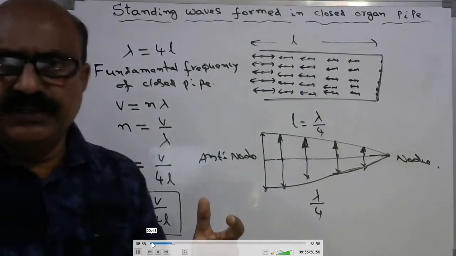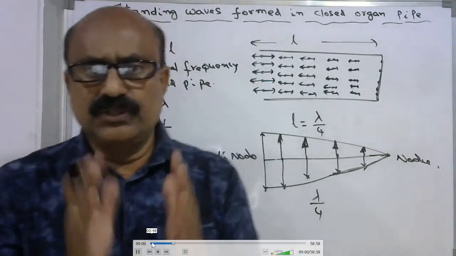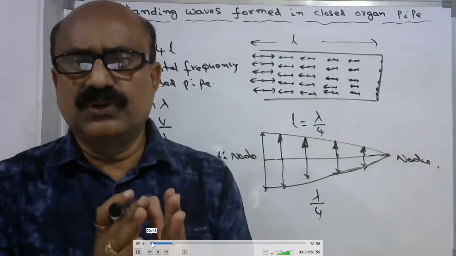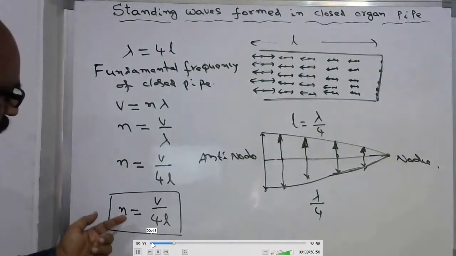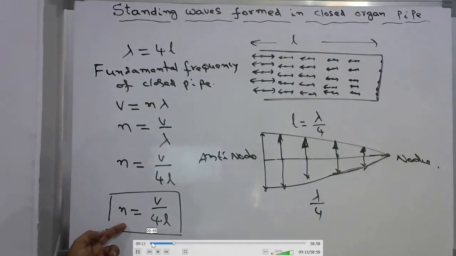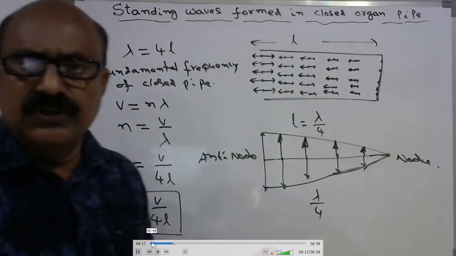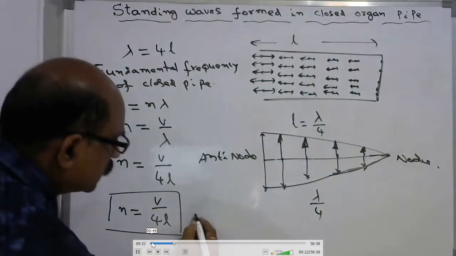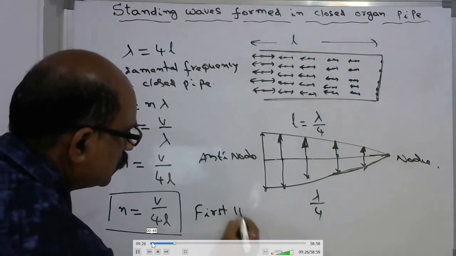This is the frequency with which the air column in the closed pipe vibrates, which is equal to 1/4 of the wavelength. That is why the fundamental frequency is V by 4L. This frequency is called the first harmonic.